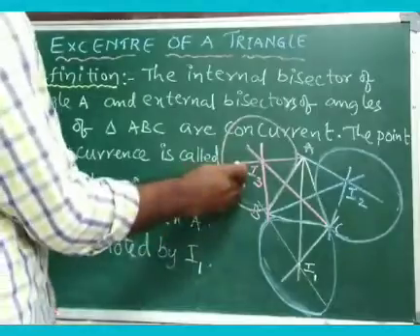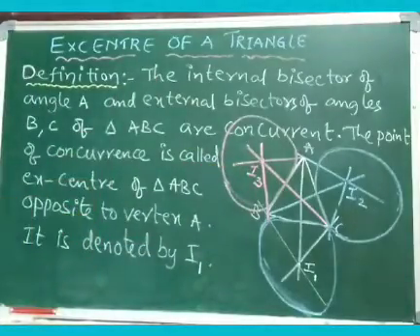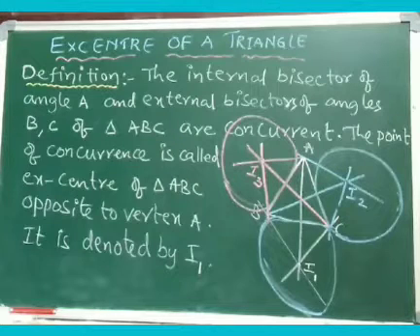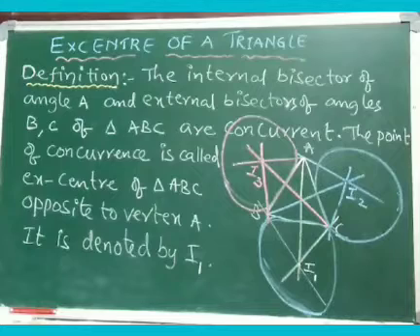This is the excircle. So my dear, till now whatever we have discussed, there exists only one orthocenter for a triangle, one circumcenter, one incenter and one centroid.